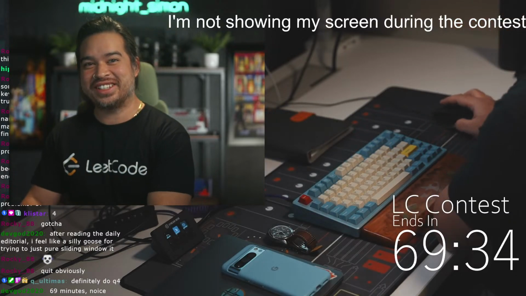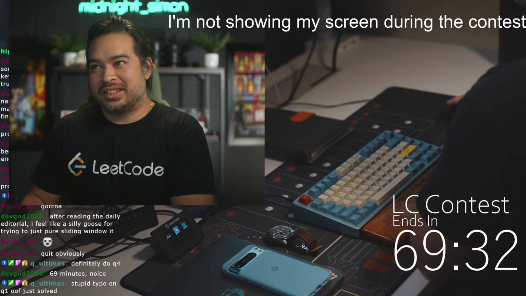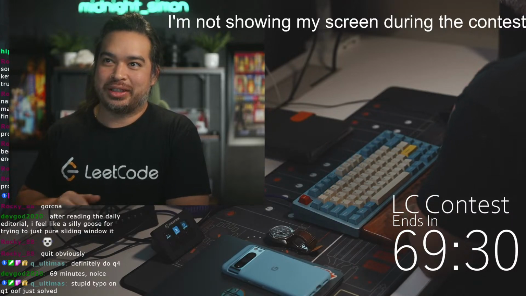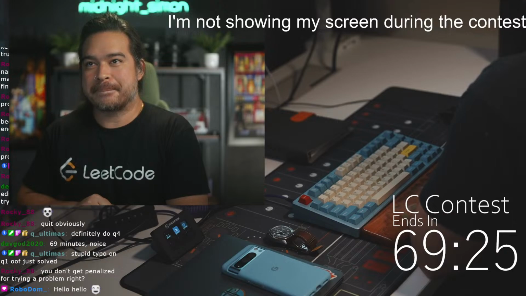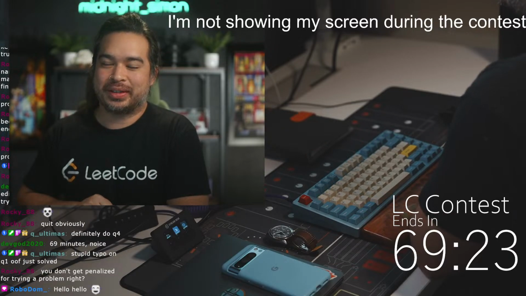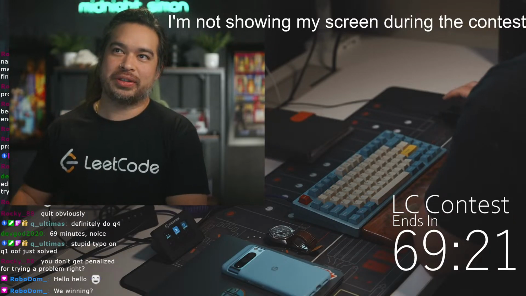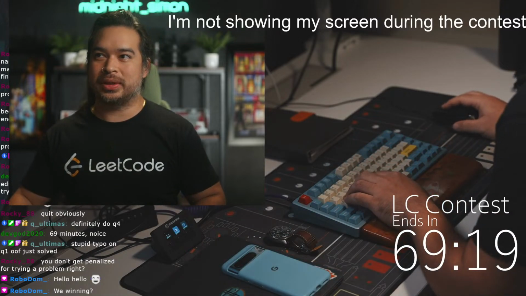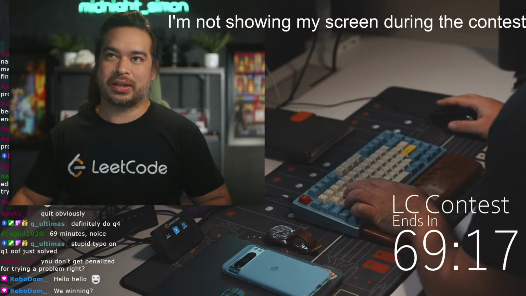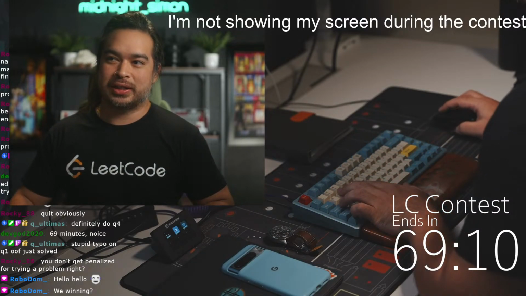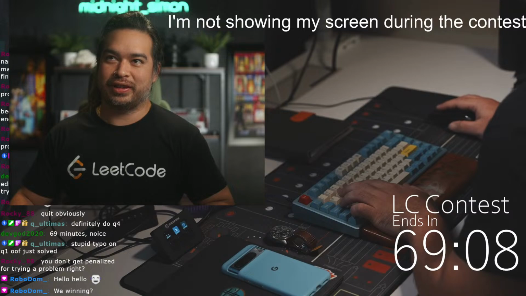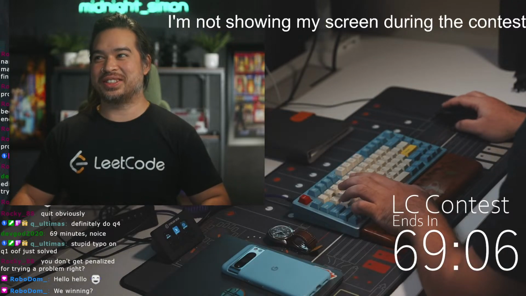Quit, obviously. All right, let me at least try for a little bit. Man, Robodom, what's happening? I think I'm doing pretty good so far. Q4 looks really hard, which I like because I got a decent time for Q1, 2, 3. So maybe this might be one of my best finishes ever if Q4 is as hard as it looks.